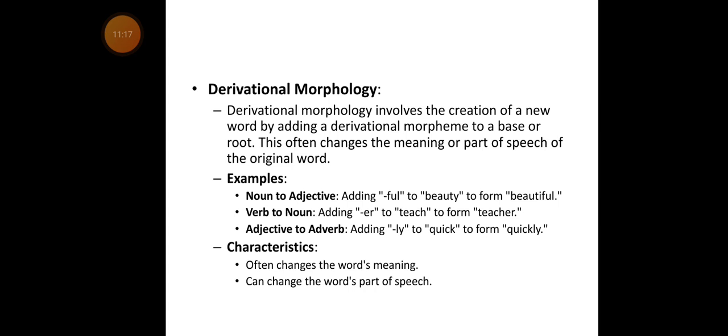If you see this adjective, we have quick, in a hurry, for example. So when you add -ly to make it the adverb quickly, it provides a different meaning. So in derivational morphology, we deal with such words, where whenever we add more morphemes, the meaning is changed. The meaning does not remain the same.